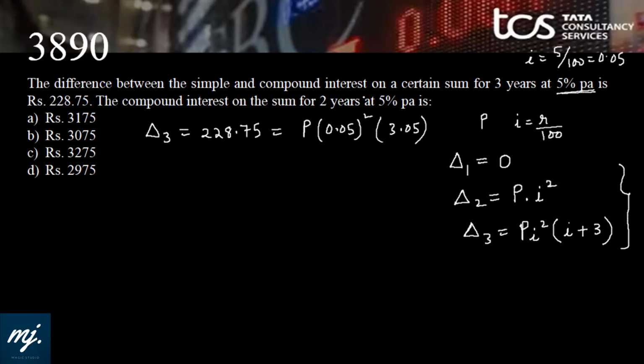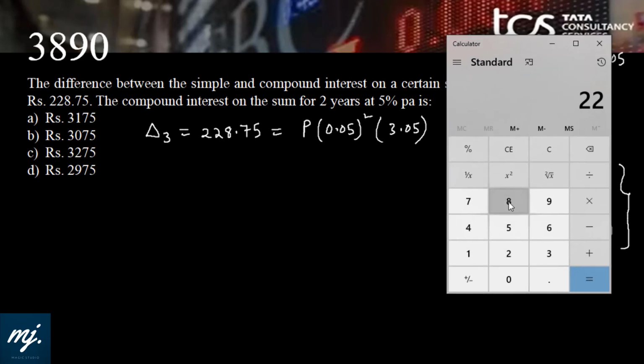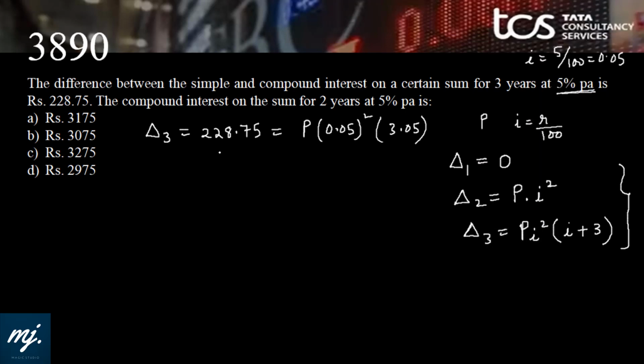Now, solving this, we can find the value of P. On the calculator, the value of P would be 228.75 divided by 3.05, divided by 0.05 and again divided by 0.05. That gives 30,000. On solving this, P = 30,000.